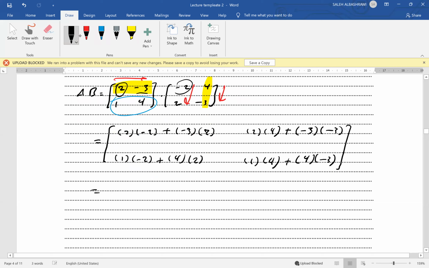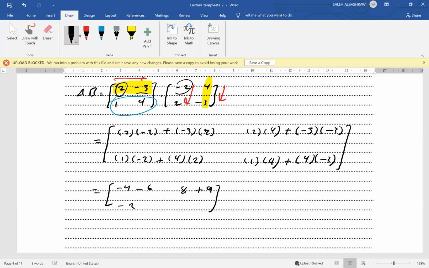This will give me now 2 times -2, which is -4, minus 6. 2 times 4 is 8. This is 4 there. Plus 9.